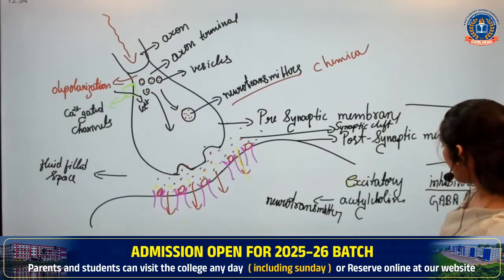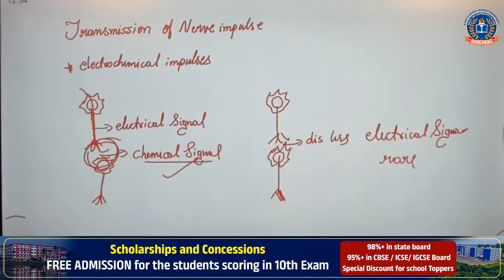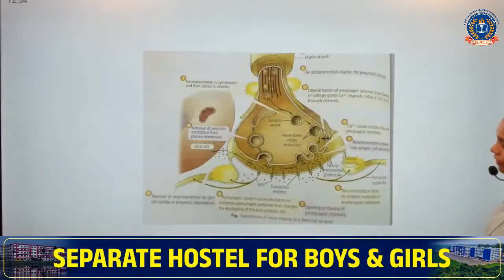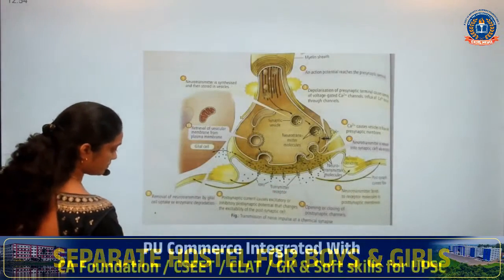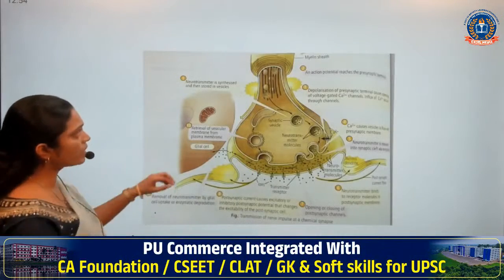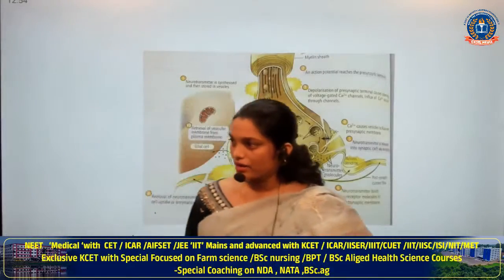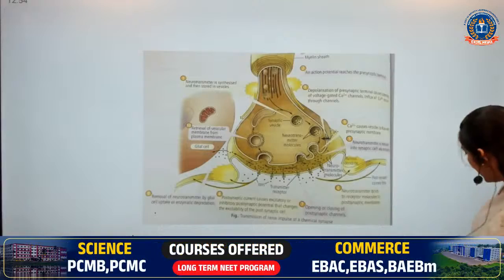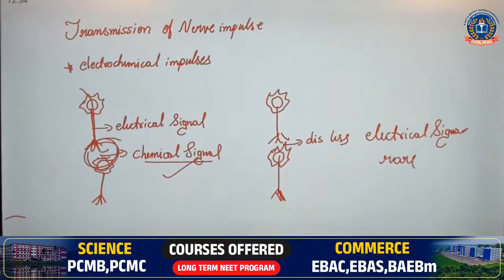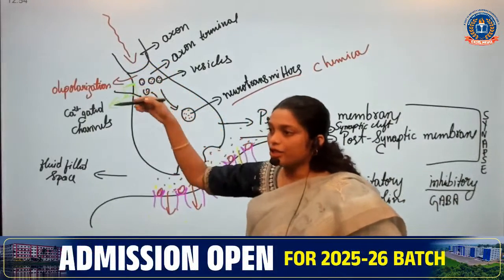Now we have a picture over here. We have this axon terminal region. What are neurotransmitters? These are the chemical molecules which are present so that the electrical signal can be passed.